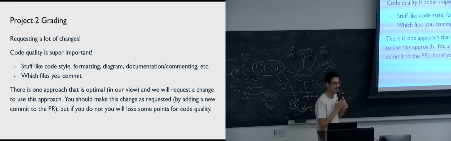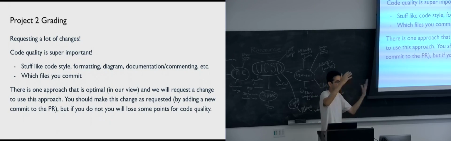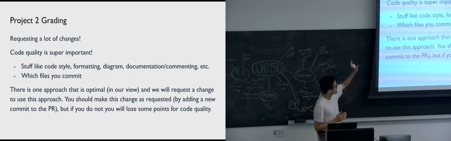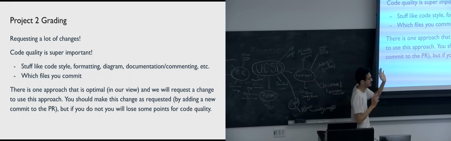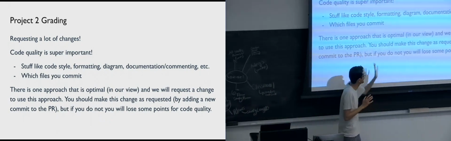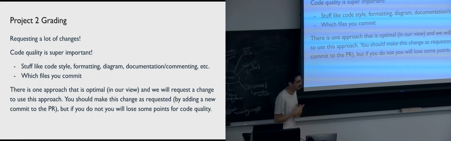Another thing will be the variable naming, whether you use snake case or camel case. I think the question was about reorganizing files. If you don't have a project 2 folder and just have a bunch of images or files in the main idlelib directory, that's also something we want to clean up, okay? There are so many such requests that we could make, and we'll hopefully give you 4 or 5 in your submission.